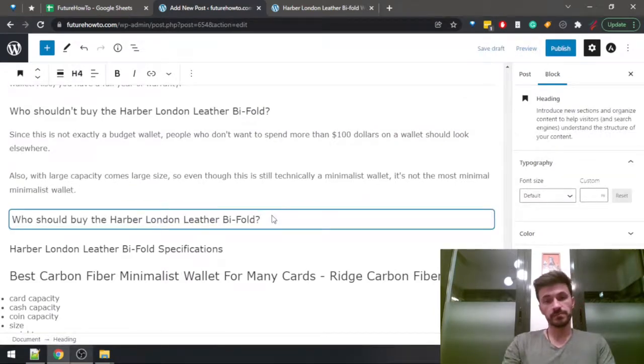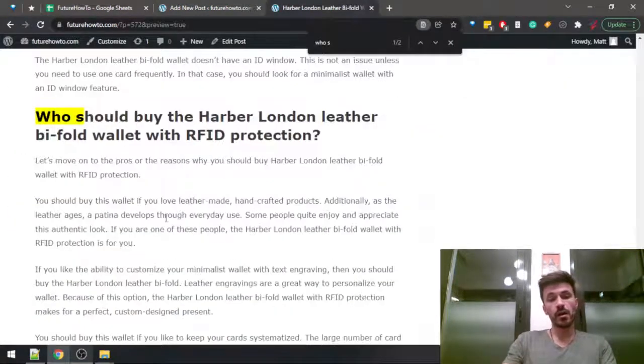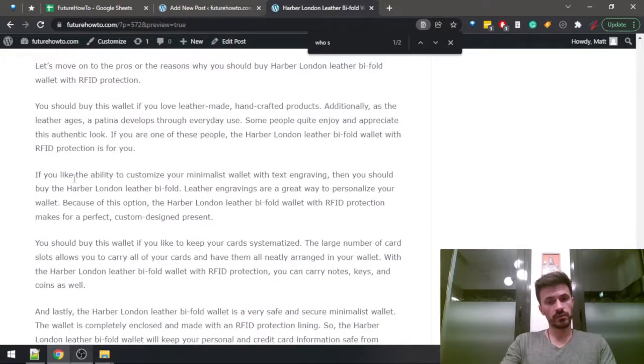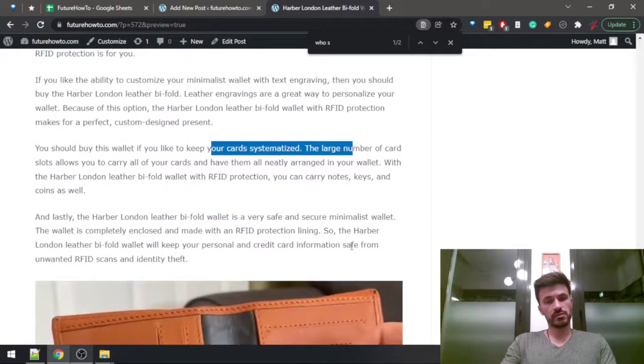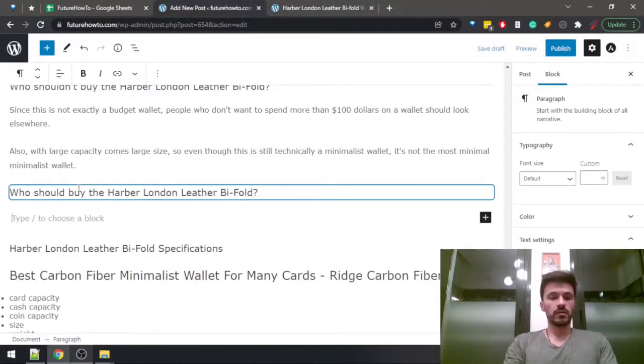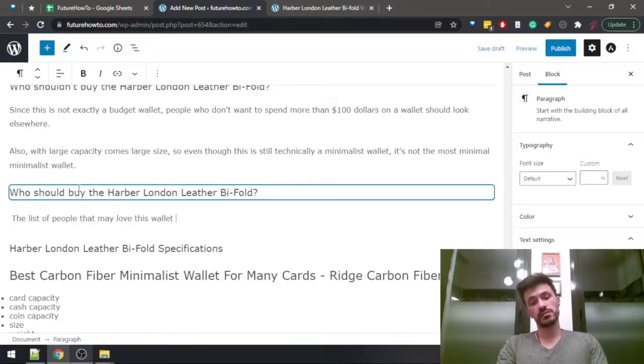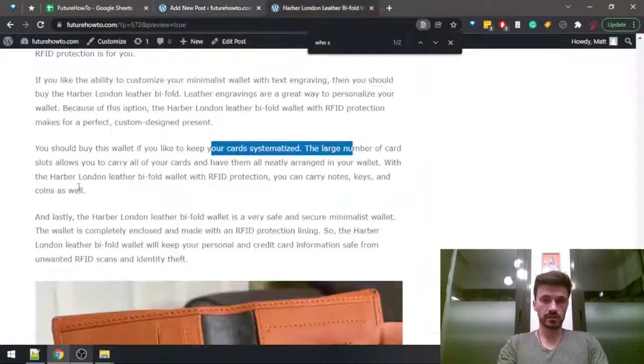Who should buy? Leather made, handcrafted, card systematized, safe and secure. The list of people that may love this wallet is actually quite long.